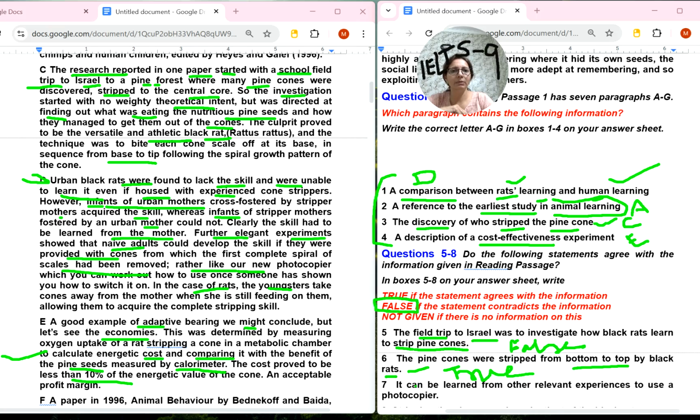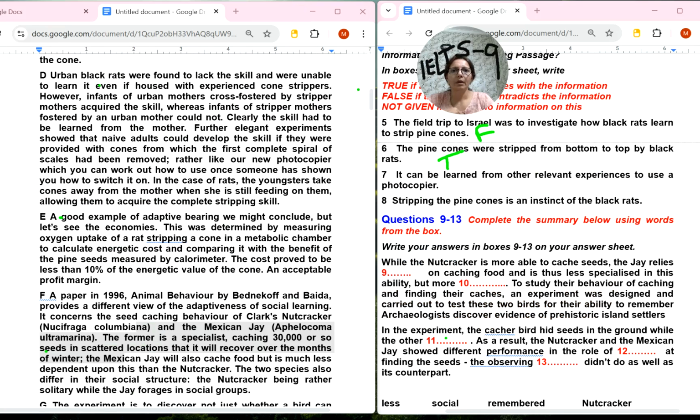Okay, seventh number. So we were doing seventh number. It can be learned from other relevant experiences to use a photocopier. So photocopier, they were not talking about in paragraph C, but somewhere photocopier is here. See this?